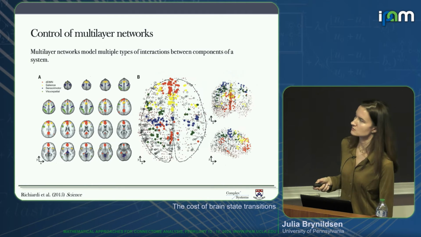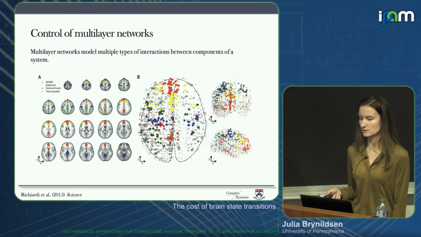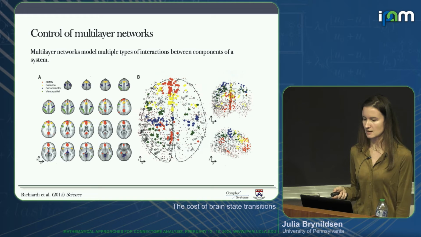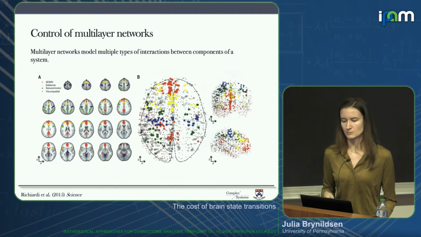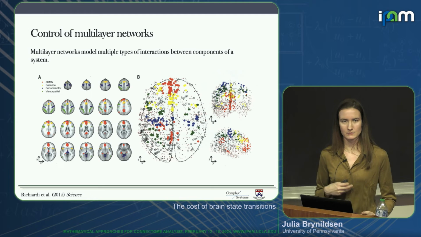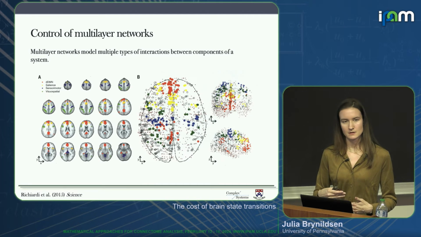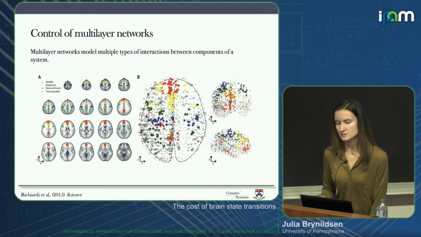When we're thinking about modeling brain dynamics, multi-layer networks can be very useful for modeling different types of interactions among regions or neurons. We've seen many examples already of where this kind of model could be very useful. For example, if we wanted to model different types of synapses in a single network, maybe different cell types.